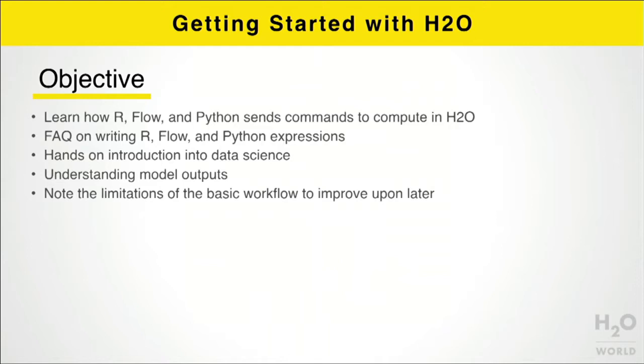Then we'll go over some quick Q&A, or frequently asked questions, about the R package and the H2O Python module. And then jump into the hands-on demonstration of how you would run a model build on a data set, review the model outputs, and talk about how you can improve upon the very simple workflow that you currently have on your laptops.